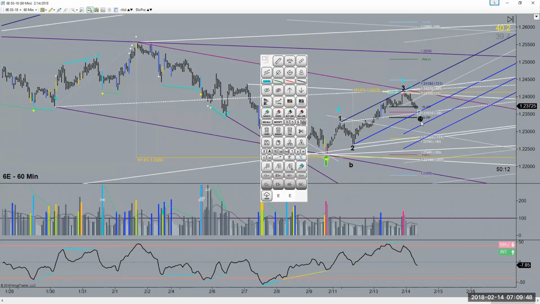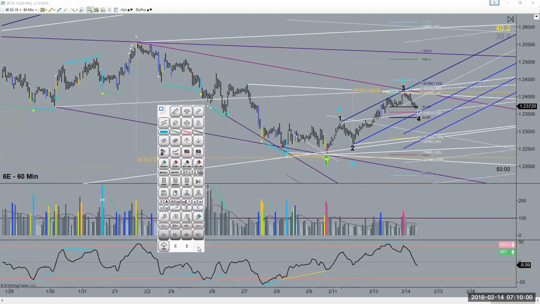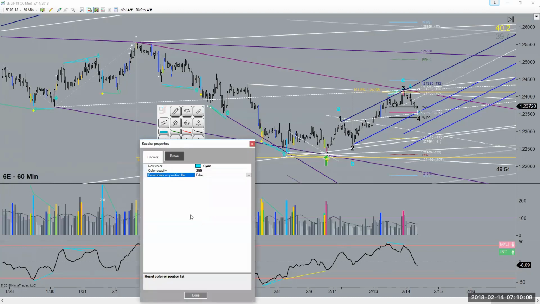I was going to ask you about the recolor button. How is that supposed to work, and does it work yet? What do you mean? I mean, is it supposed to just reset to the default colors of that object once a trade is closed, only if this option is true?